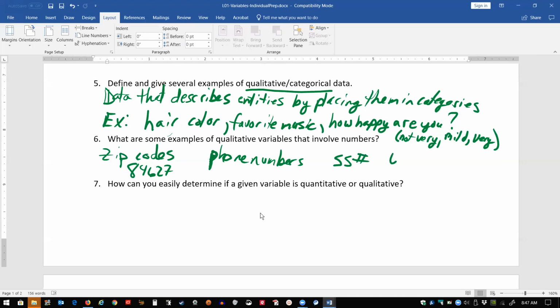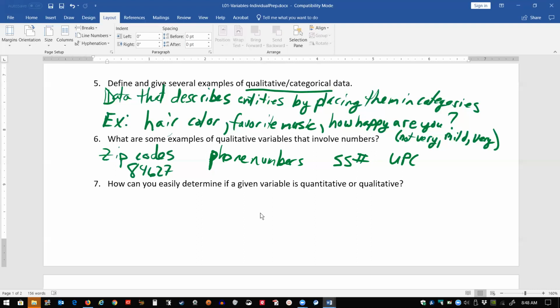Another example, UPC codes. Everything you buy has a barcode on it. That UPC code just makes it easy for the computer system to quickly identify what that item is, so it can charge you the right thing. It's also qualitative; it's just to categorize things.